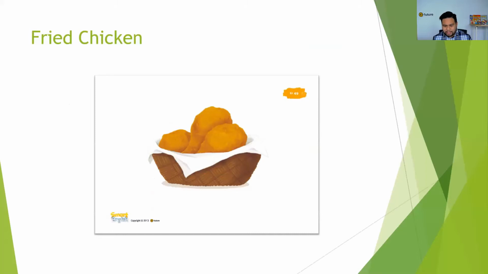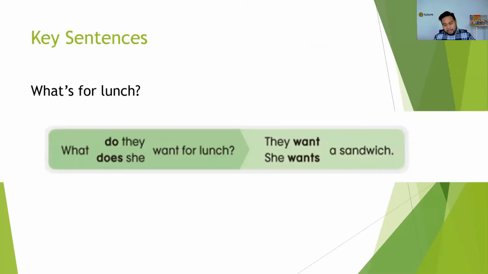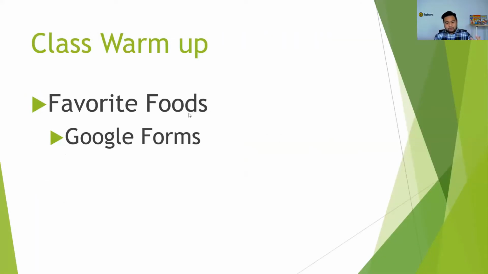Chicken would be chicken, hamburger is like hamburger. Noodles would be a little different. Myeon is the Korean word for noodles. So for food, but if you're doing other targets, you can use their native language to help them understand the vocabulary or the sentences. Okay? So that's the vocabulary and grammar.